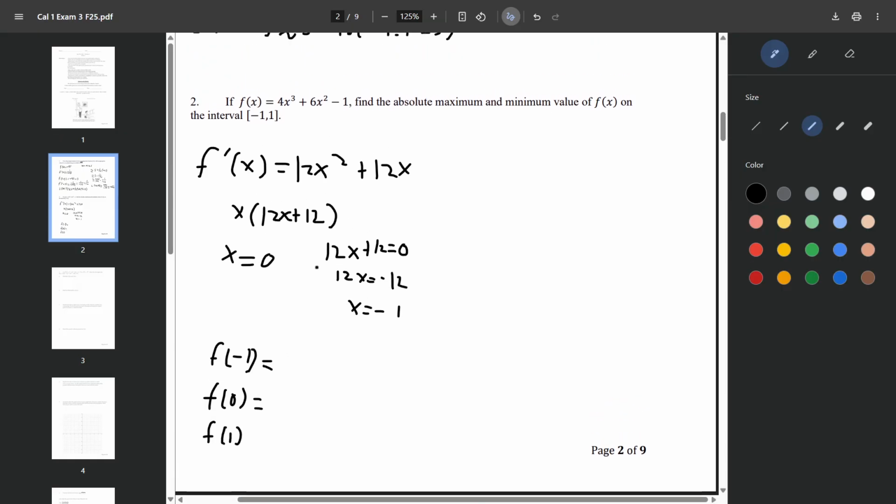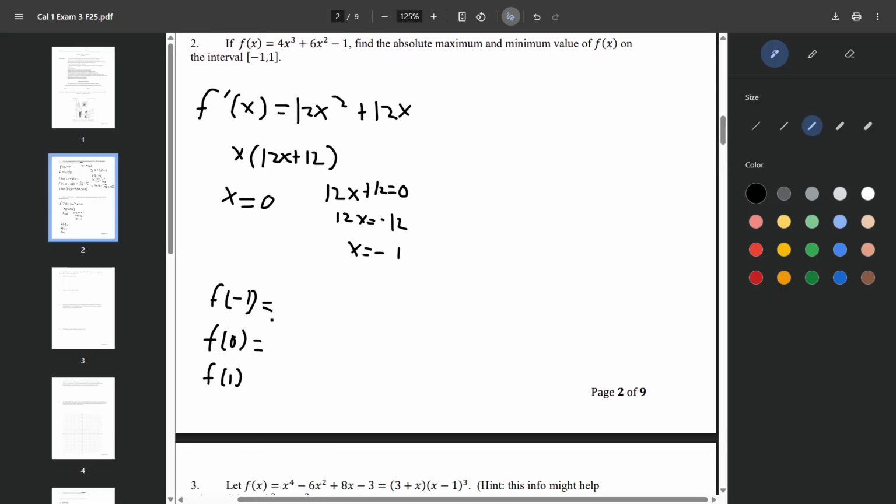So we plug in these values for each one of these equations. 4 times -1 to the power of 3 plus 6 times -1 to the power of 2 minus 1. So let's see, -4 plus 6. Oops, that looks like an x.